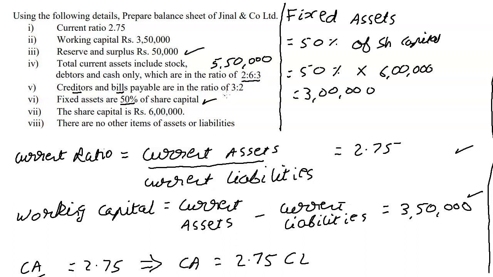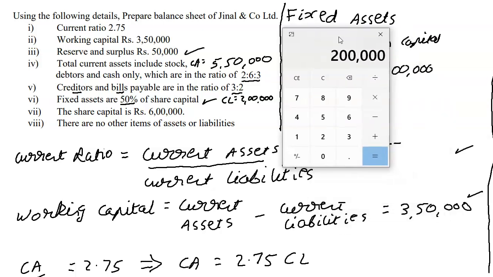Current liabilities is equal to 2 lakhs. Okay, if you want for completeness, current assets is equal to this. I need to break up this 2 lakhs in the ratio 3:2. Alright, so we can do that here and then place the numbers in the balance sheet.